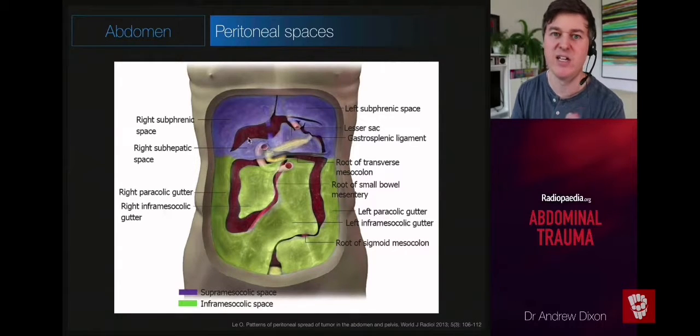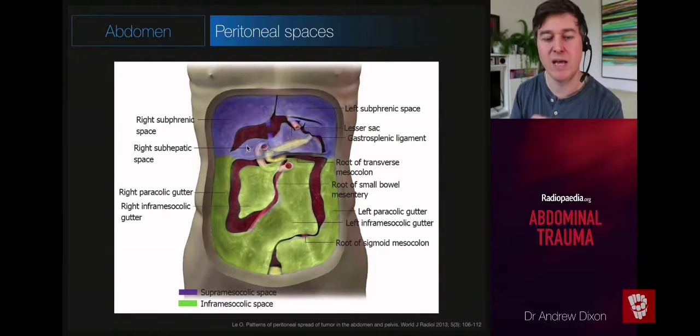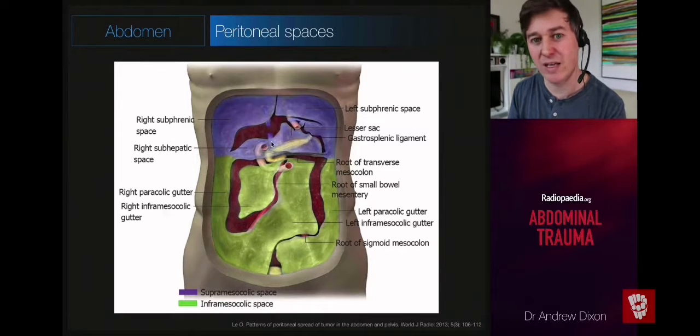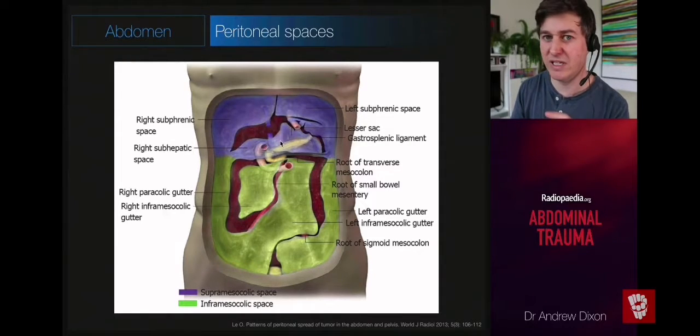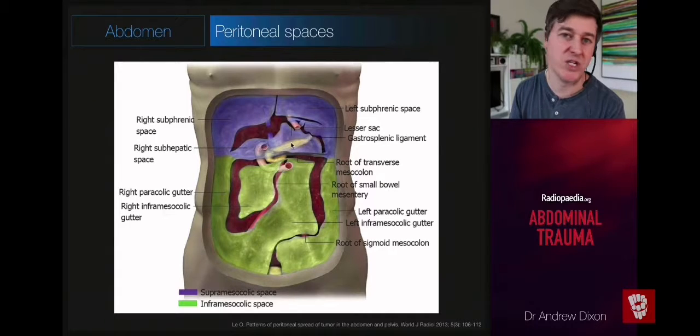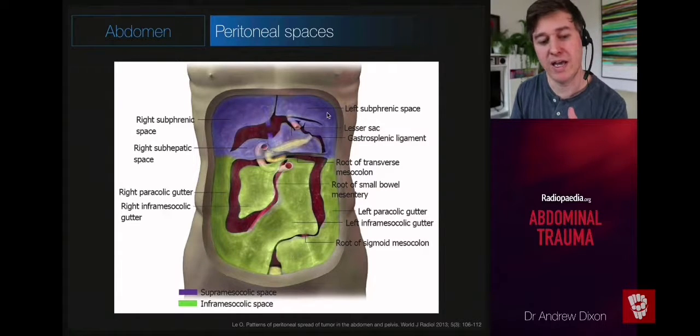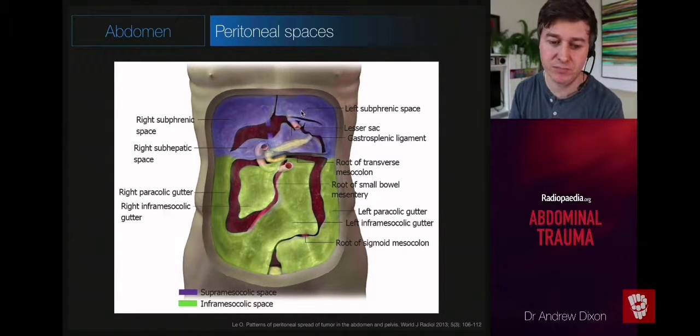We call that the lesser sac. It's just got a small opening, the epiploic foramen. So fluid in the lesser sac doesn't tend to track there very easily. So if you see fluid in the lesser sac, it implies there's probably an injury to the pancreas or the duodenum, which we'll see later. The greater sac is what usually fills up with fluid when you have a spleen or a liver laceration.